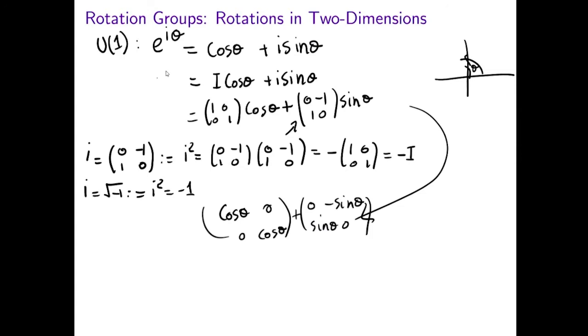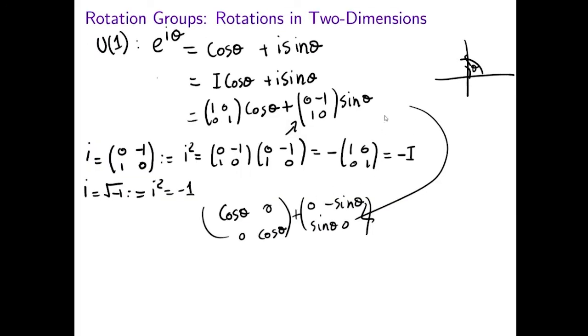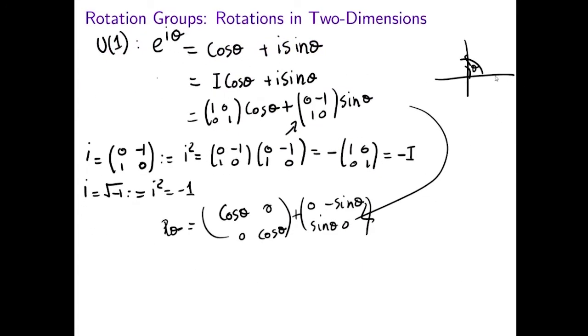I've just gone from a matrix avatar of e power i theta to the rotation matrices we were just looking at. So they are in fact, in a sense, very equivalent, and they obviously do represent the same rotations.